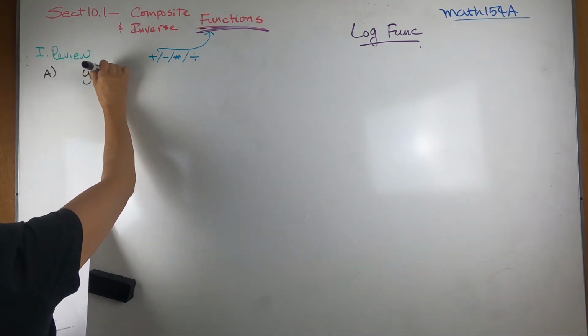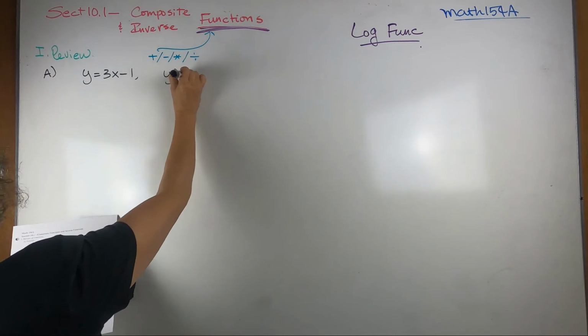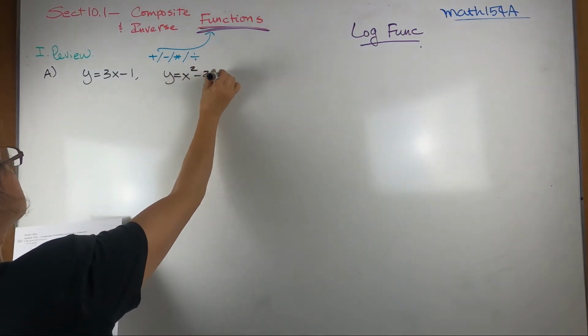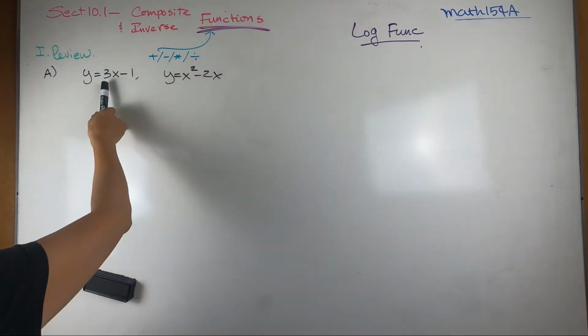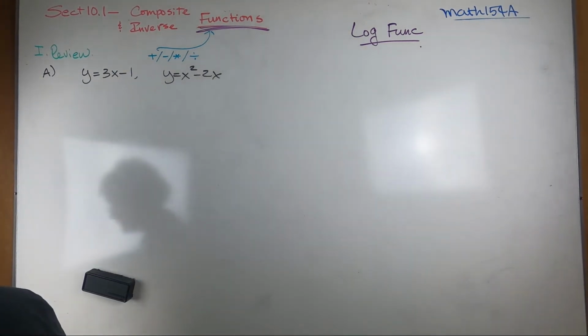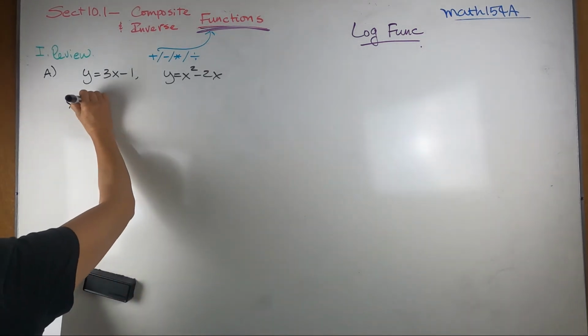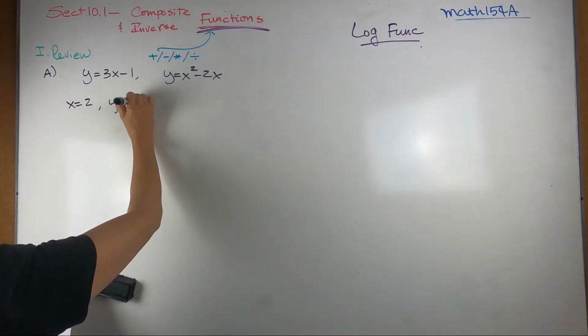If y equals 3x minus 1, y equals x squared minus 2x, that's linear, that's quadratic. Then we say x is 2, what is your y?